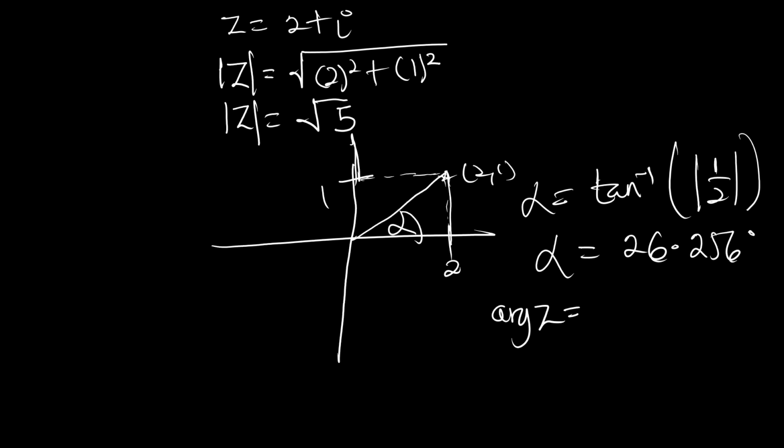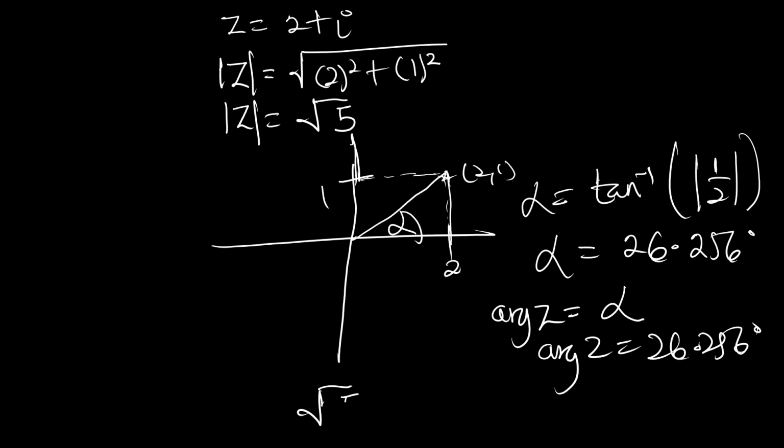Just alpha. So here, argument of z is going to be 26.256 degrees. So we can say for this particular complex number, the modulus is square root of 5 and the argument is 26.256 degrees. Let's move on to the third example.